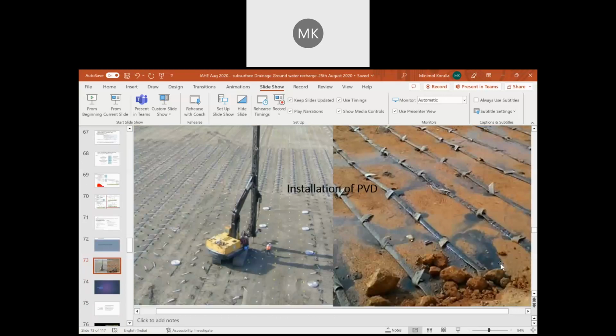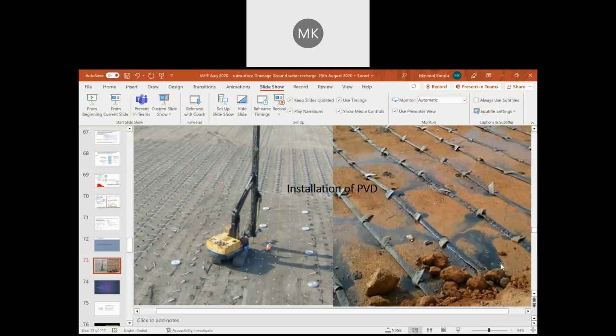The mechanism is shown in this illustrative figure. When we are inserting a vertical drain using a drainage geocomposite, from all adjacent places where backfill is there, the water will move towards this vertical drain.